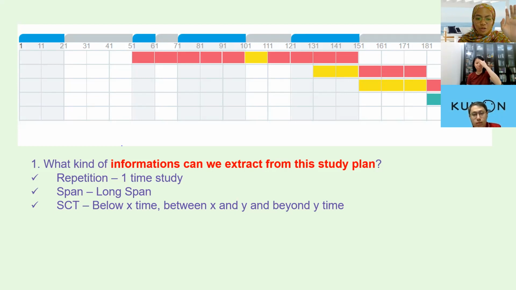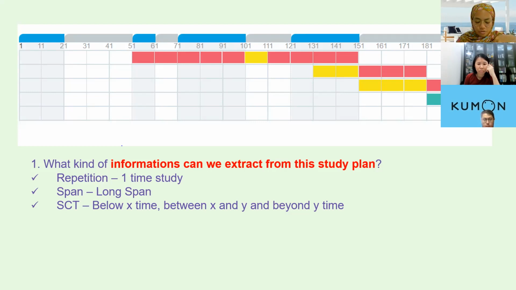You also have a very detailed observation based on this study plan: the second attempt helps students, and SCT is better in the second half than the first half. So more or less it's similar to this one: SCT below X time, some between X and Y, and some beyond Y time.